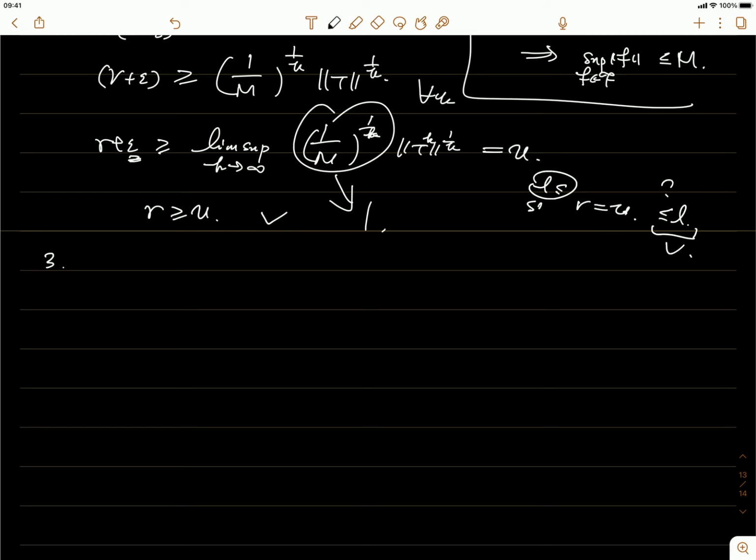To show this, let's consider lambda to the k times I minus T to the power k. So just take the k-th power. Then we can rewrite it in the following way.